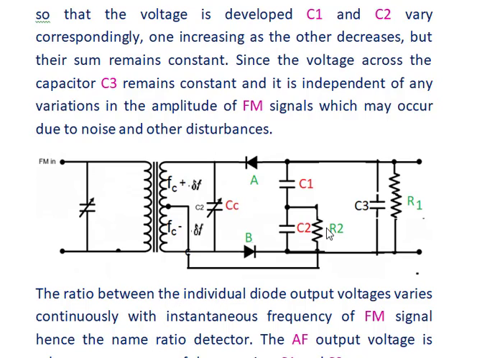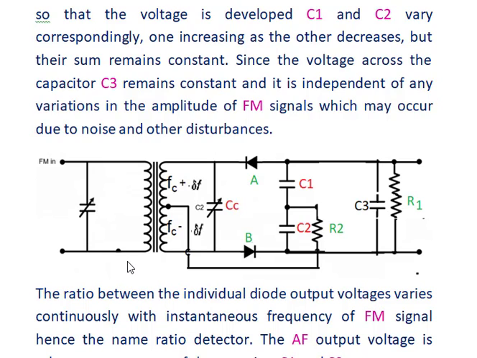Here both the diodes are in reverse bias. The output voltage of the first diode A and the output voltage of the second diode B vary continuously. The variation depends upon the variation in the frequency of the frequency modulated signal that we feed in the input circuit.